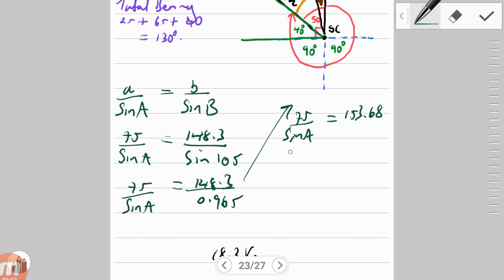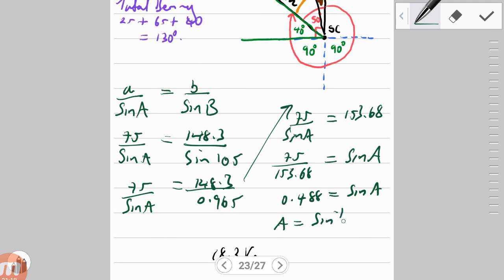All right, so the unknown variable is at the bottom. Let's not get flustered now and remember, that's 75, swap position, 153.68, equal to sine of A. So 75 divided by 153.68 gives a result of 0.488, and that's equal to sine A. To find the angle A, it's going to be equal to the sine inverse, or the arc sine, of 0.488.